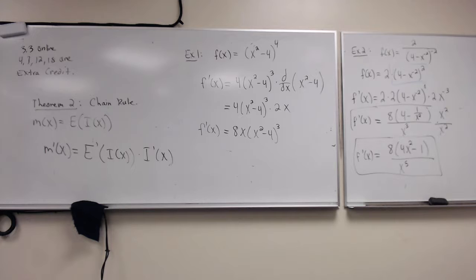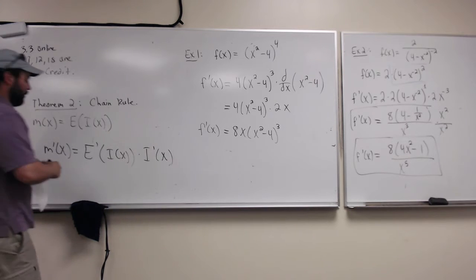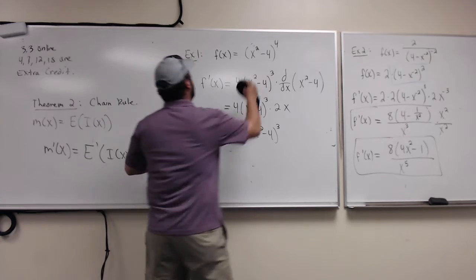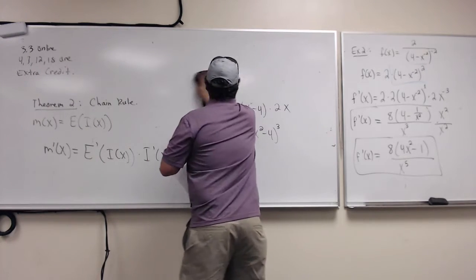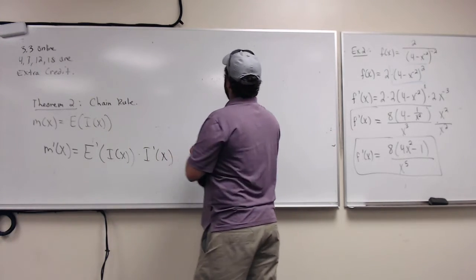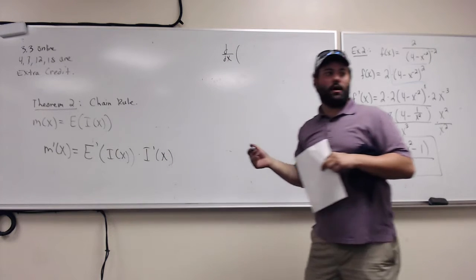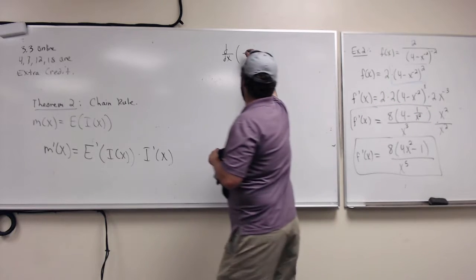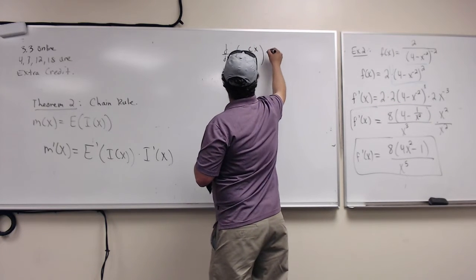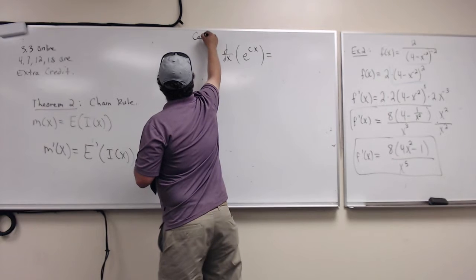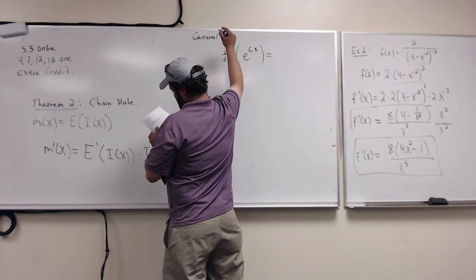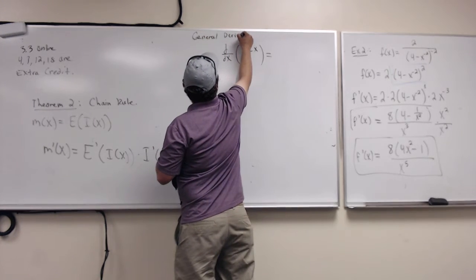And then I'm going to give you some general derivative rules now, like involving e to the x, or general exponentials. So, do you remember in a previous section, especially when we did the compound interest formula and needed to take the derivative of e to the c times x? These are our general derivative rules.